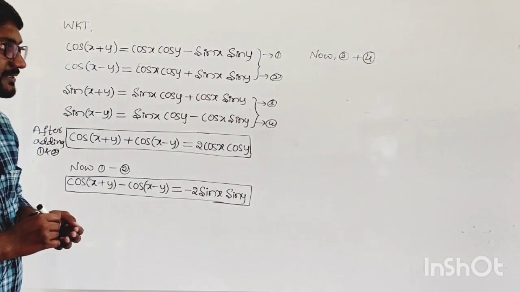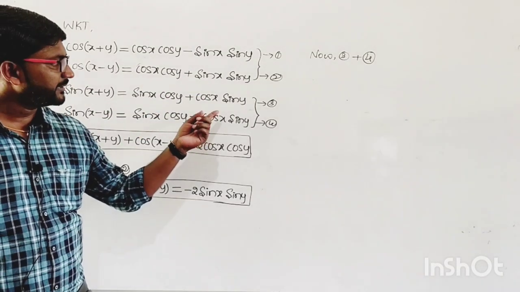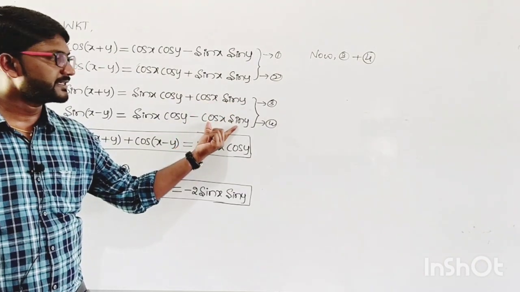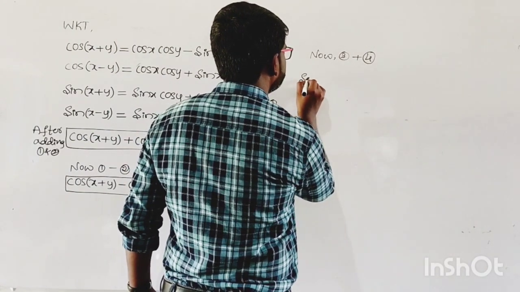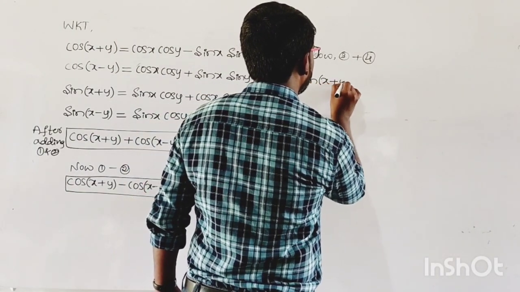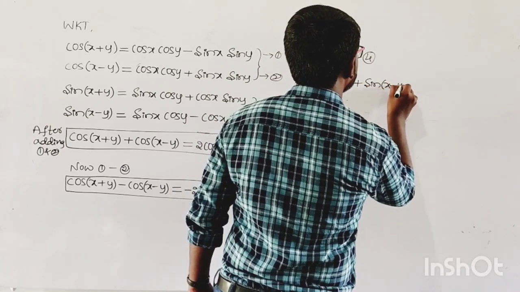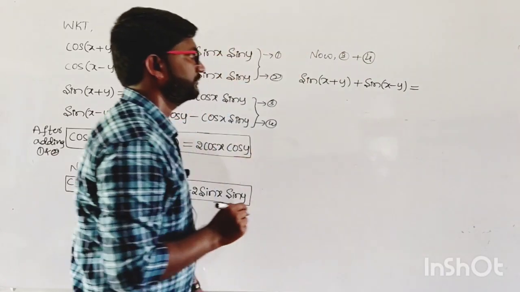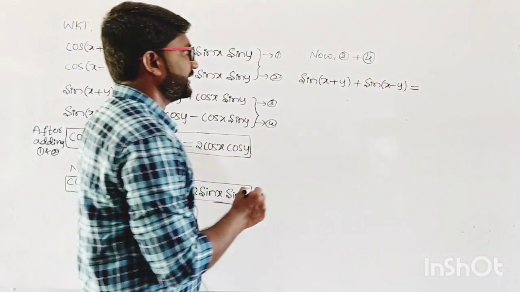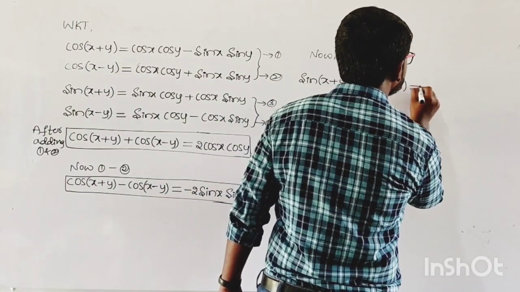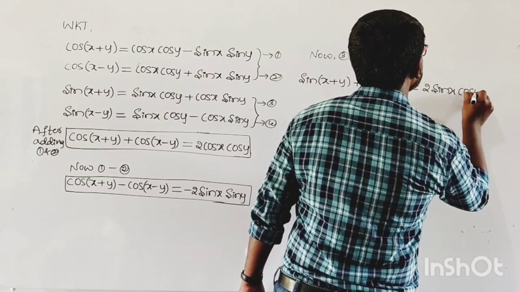So add the LHS separately and the RHS separately. If you add the RHS separately, plus cos x sin y and minus cos x sin y get cancelled. So here we get sin of x plus y plus sin of x minus y, which is equals to 2 times sin x cos y.